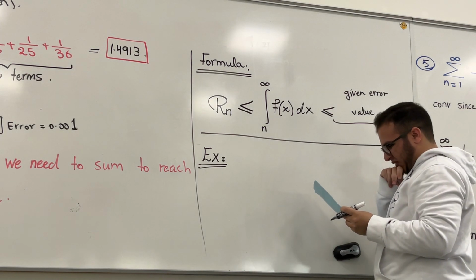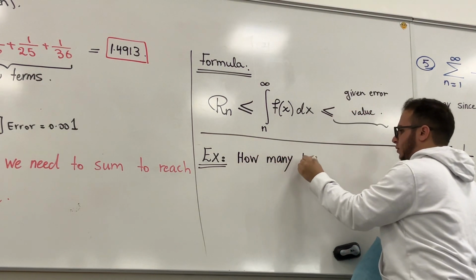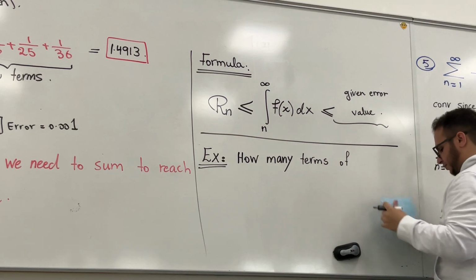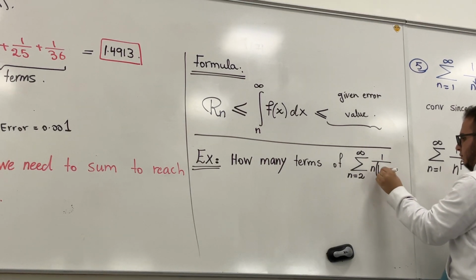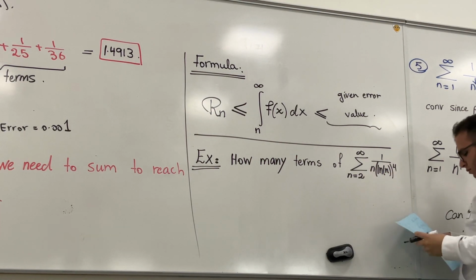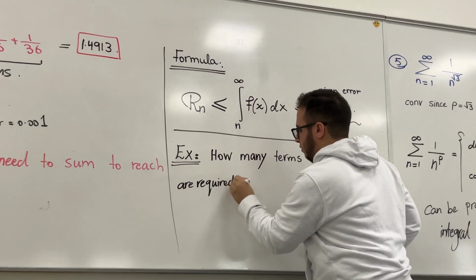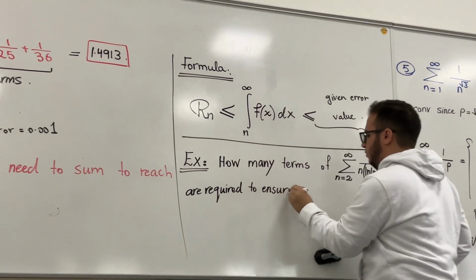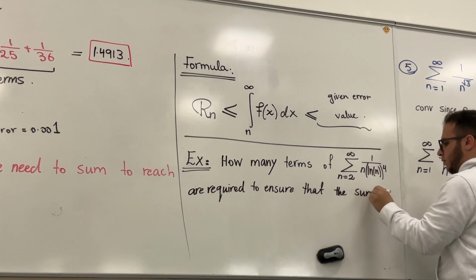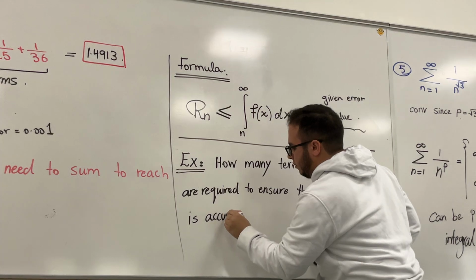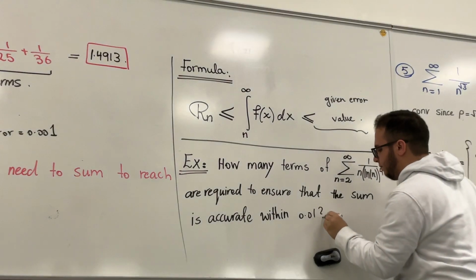Let's take an example. How many terms of the series are required to ensure that the sum is accurate within 0.01?